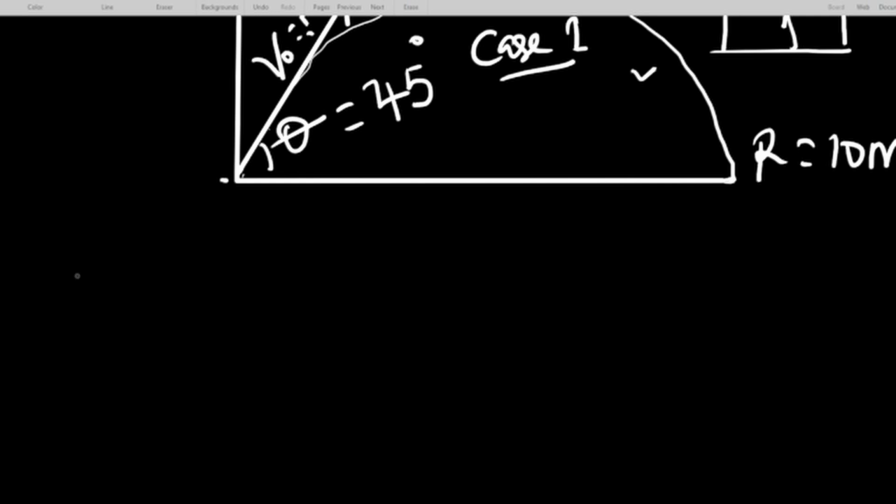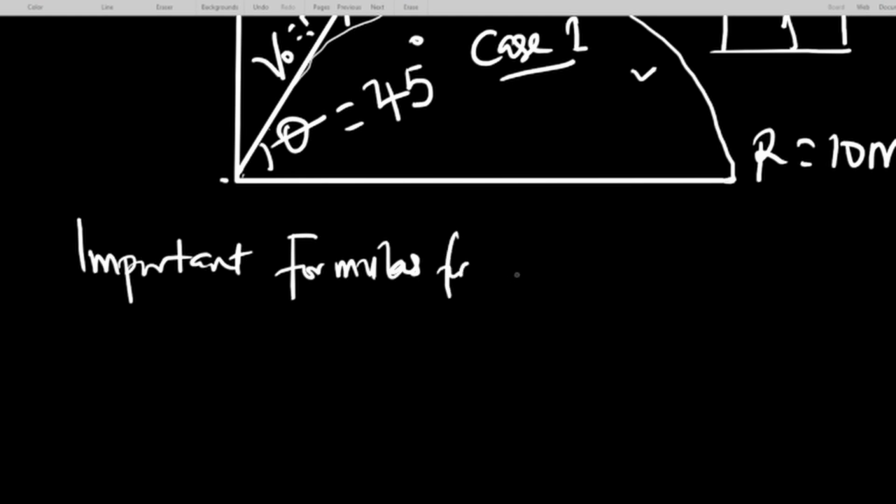So what are they? The important formulas for case 1. For this case, the ball is projected at some point and it also lands at the same point. You can see the same level, no difference.